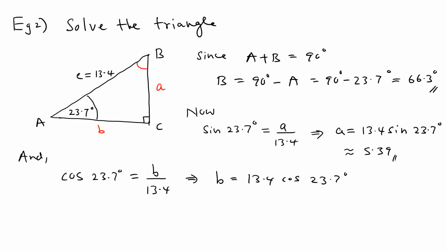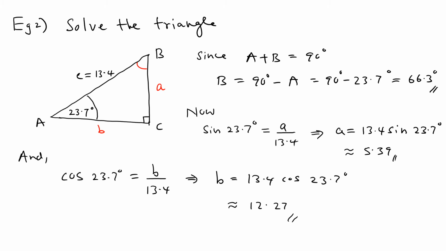If you use a calculator you can see that is roughly 12.27. And if you verify, if you get a squared plus b squared, you can see that's very close to c squared, so there's not much error in this case. Okay, that's how we solve a problem like that.